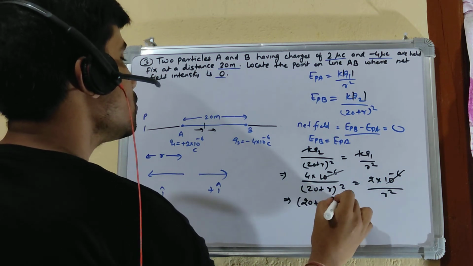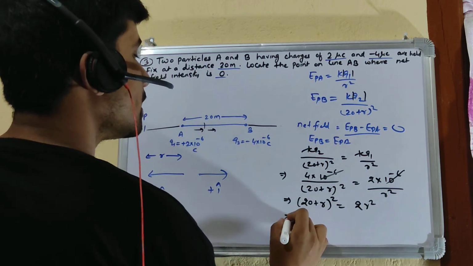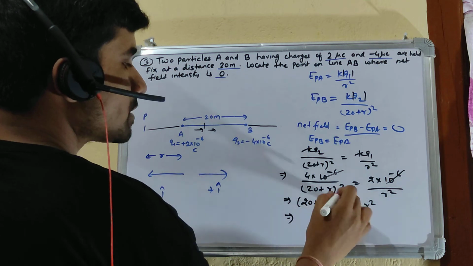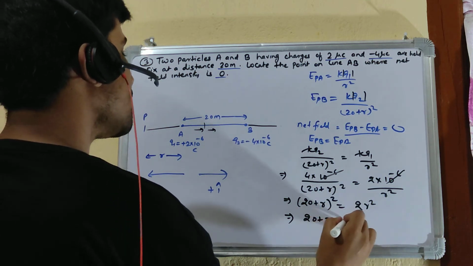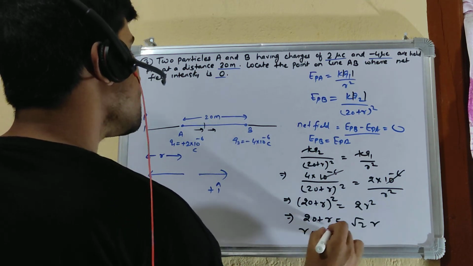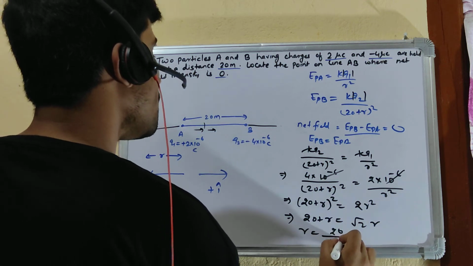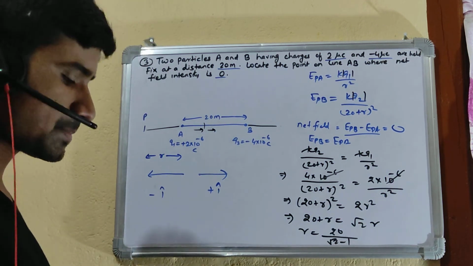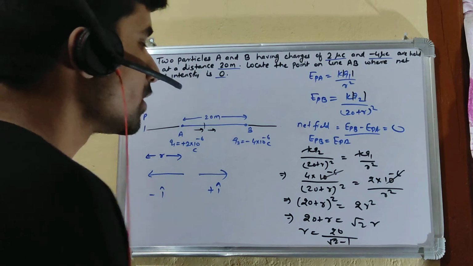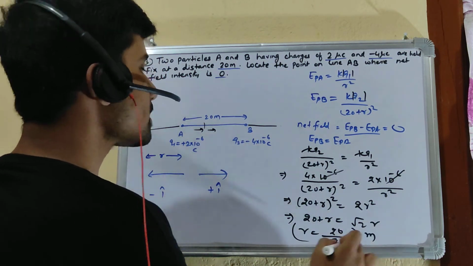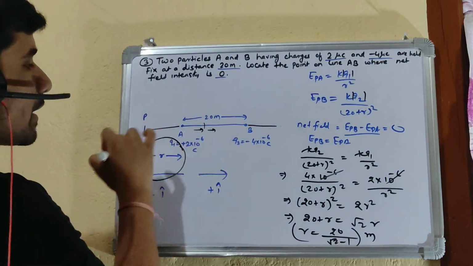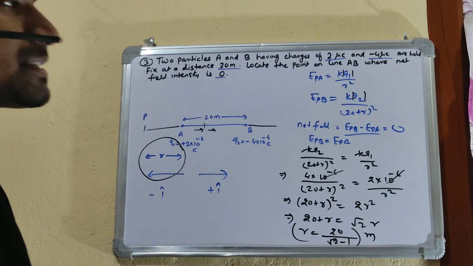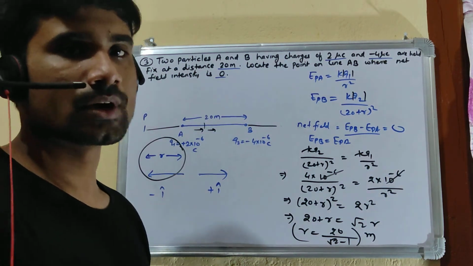So (20 plus R) square equals 2R square. Now let's remove these squares. So 20 plus R will be root 2 R. So R is nothing but 20 by (root 2 minus 1). You can calculate this value and this will be in meters. So at this point on left of A, my electric field intensity will be 0.